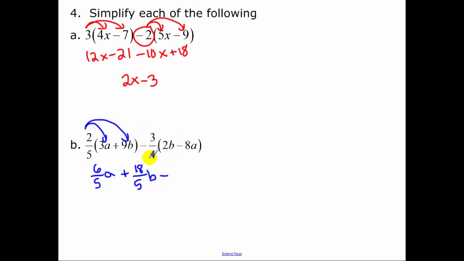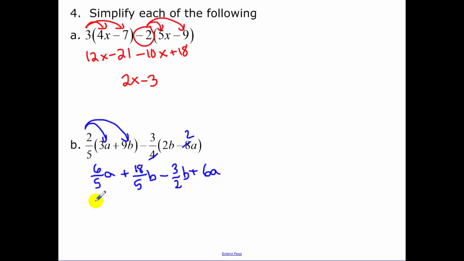Negative 3/4, the 4 and the 2 can cancel, so I have a negative 3/2 b. Now what canceled for the first term isn't going to cancel for the second one, so I like to erase it so I don't make a mistake. I know I have a negative times a negative, so I'm going to have a positive. 4 and 8 cancel to be a 6a.